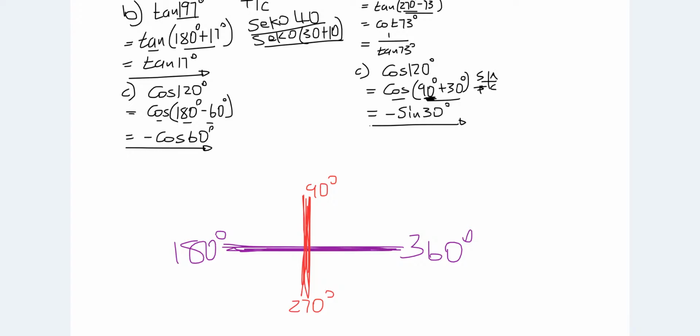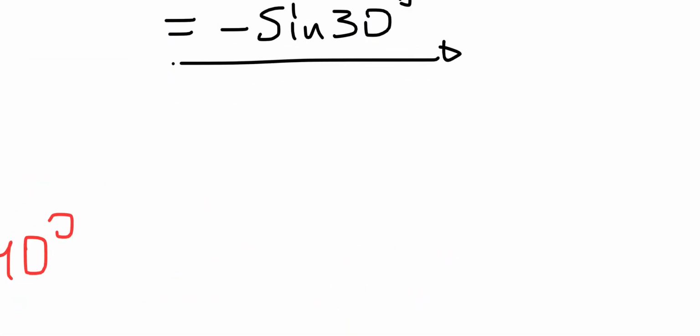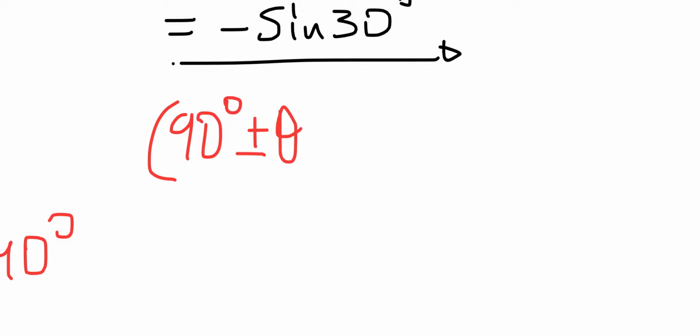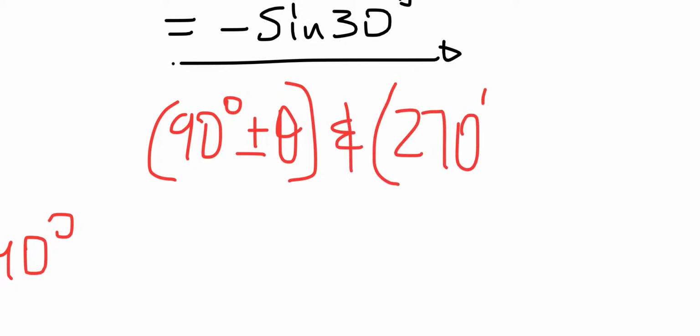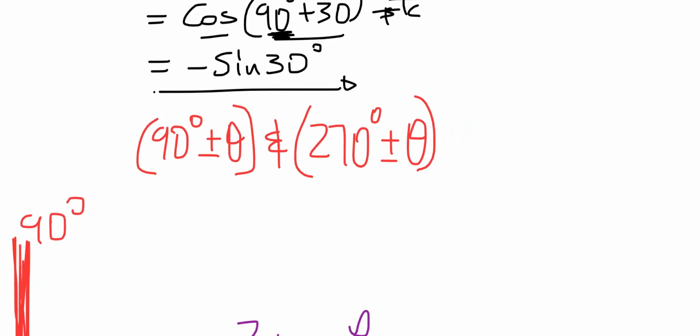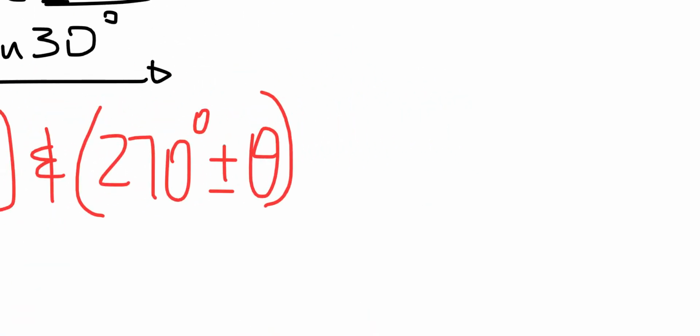So maybe to conclude, we can therefore say when you are having a reduction formula of 90 degrees, it could be plus or minus whatever angle, and also when you have that one of 270 degrees, it could be plus or minus depending on the quadrant in which it will fall. These ones, they are going to change.